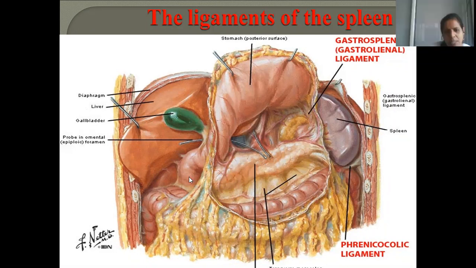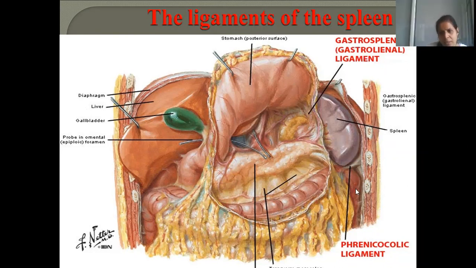Within the C fold of the duodenum, we have the pancreas. So the tail of the pancreas is ending here. What is the name of this organ you are finding? Yes, spleen. Okay. So the connection between the spleen and stomach, what is the name? Gastrosplenic. Very good. Gastrosplenic ligament.